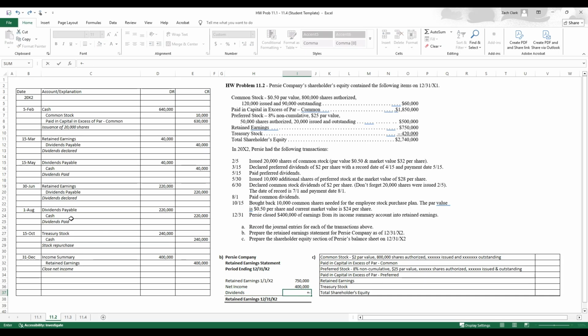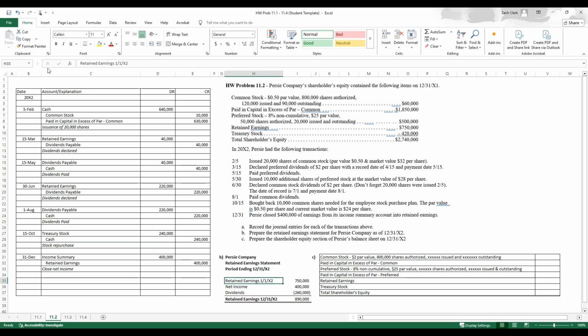The total amount of dividends paid that we showed here was, I think we had 2 transactions, right? We had the 40,000 plus the 220,000. Okay, let's make them both negative so it comes out to a reduction. So again, that's this dividend paid and this dividend paid. We had 2 different dividends paid transactions there. Our ending balance then is 890,000.